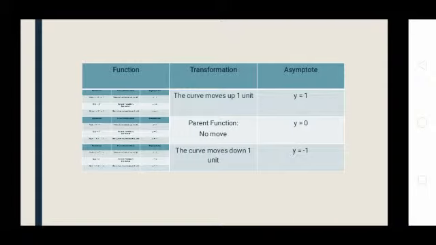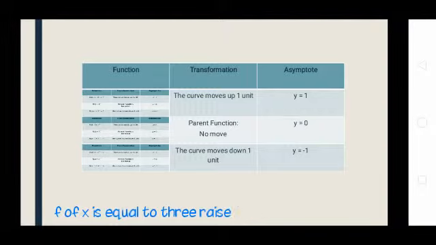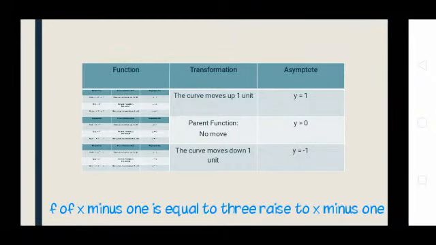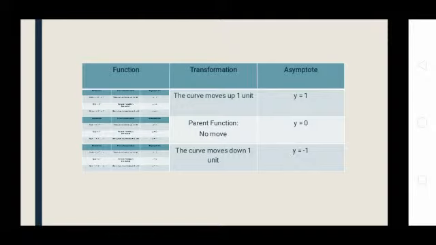While if you have a function f of x is equal to 3 raised to x, your transformation will be parent function, no move, while your asymptote is y is equal to 0. The next one, if you have a function f of x minus 1 is equal to 3 raised to x minus 1, the curve moves down 1 unit, and the asymptote is negative 1.